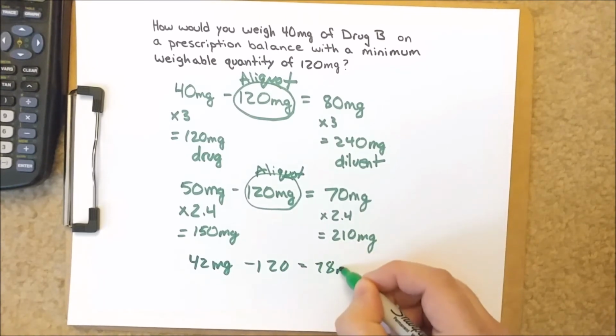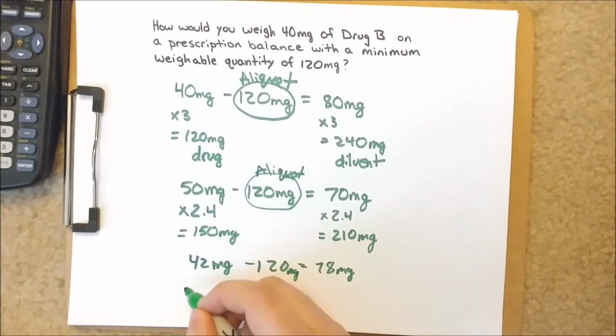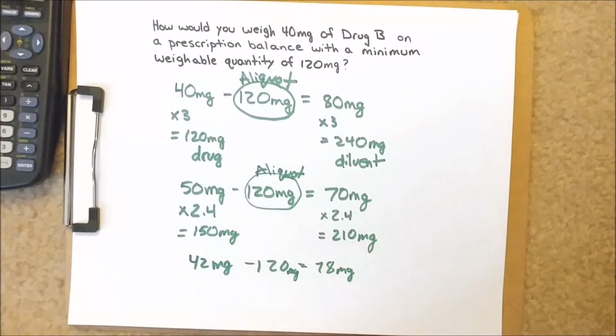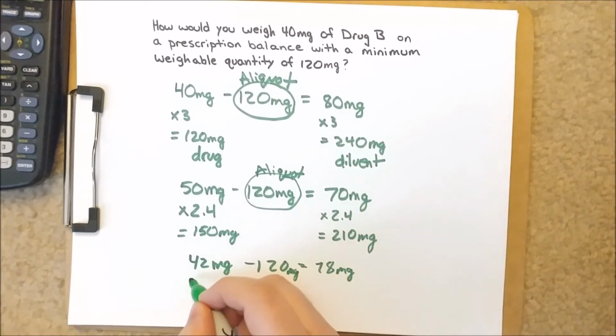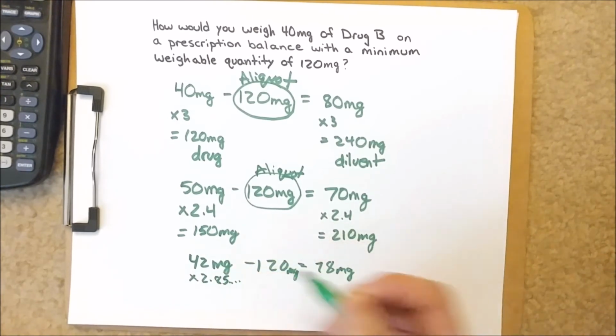That is 78 milligrams for the diluent. So 42 into 120 is not a perfect decimal, and it's certainly not going to give us a whole number over here. So the factor is 2.85 whatever. It's a very long decimal.